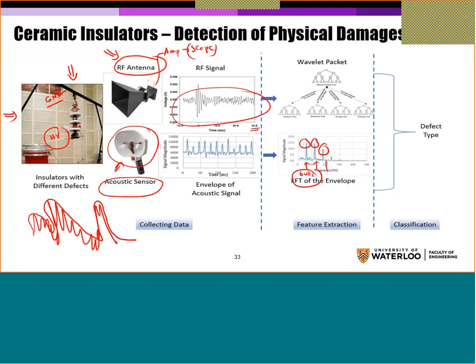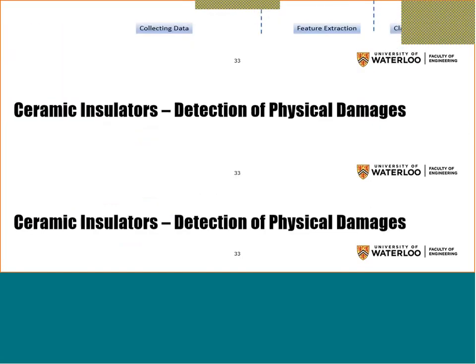So we use something called the wavelet packet, which is similar to the wavelet transform. We're trying to take certain bands and find the energy of those bands. And so this is my feature. I select my feature, and then we use ANN in both studies, artificial neural network, to try to find the defect type.